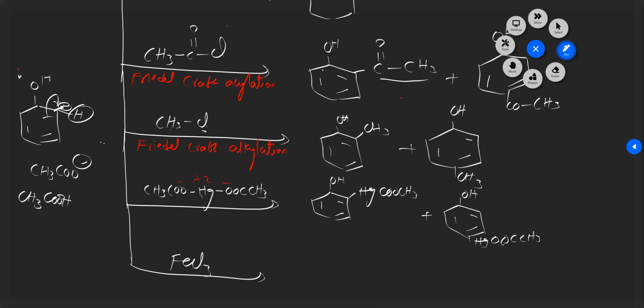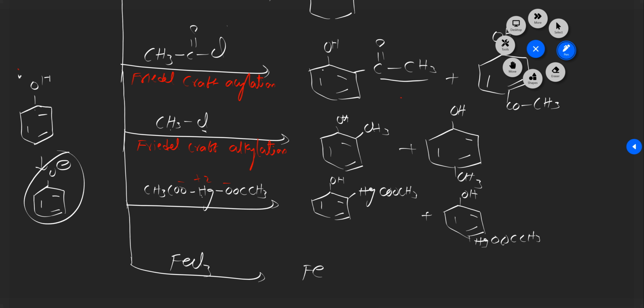How it forms: we have Fe, and we have the phenol. It's going to form the phenoxide ion after releasing H. This phenoxide ion has a -1 charge. Iron is +3 oxidation state, chlorine is -1.